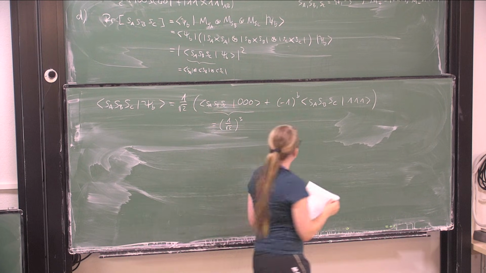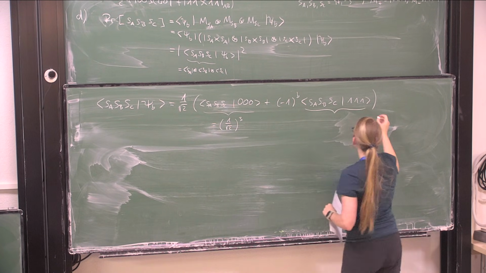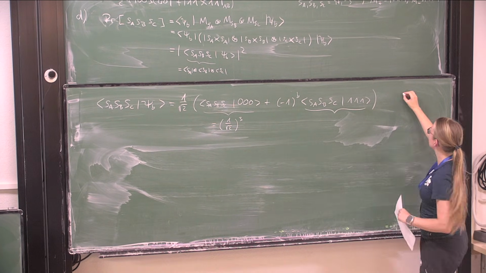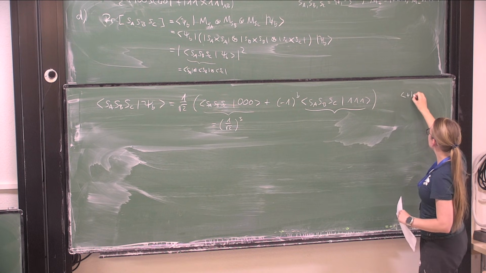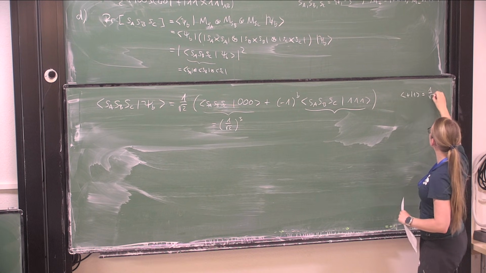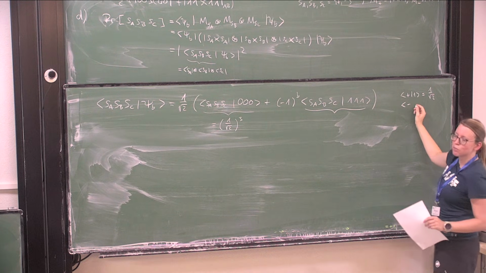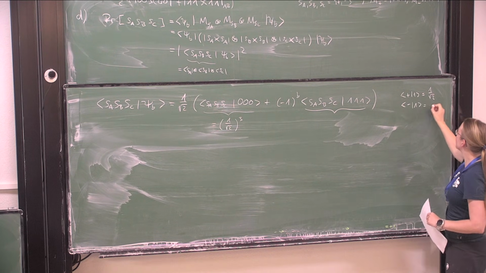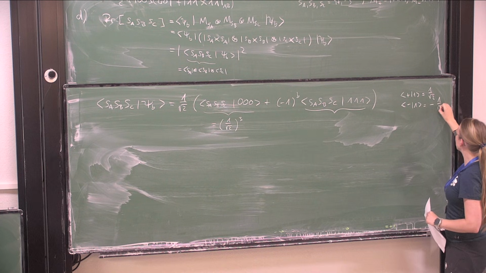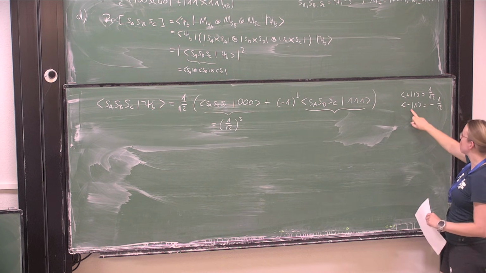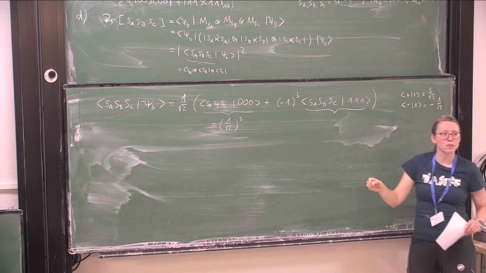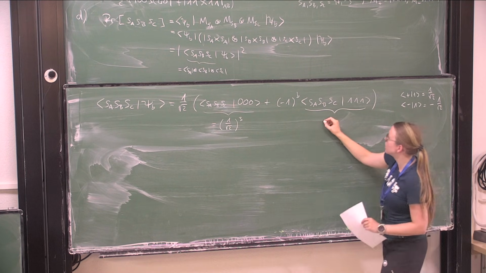But in the second part, the scalar product of plus with 1 is also 1 over square root of 2, but the scalar product of minus with 1 is minus 1 over square root of 2. So the number of minuses for these outcomes comes into the equation here.